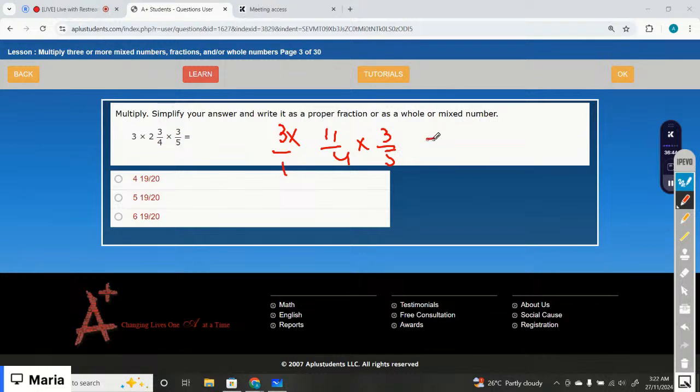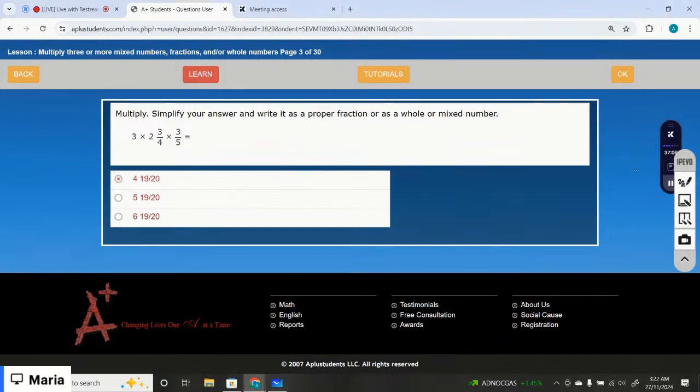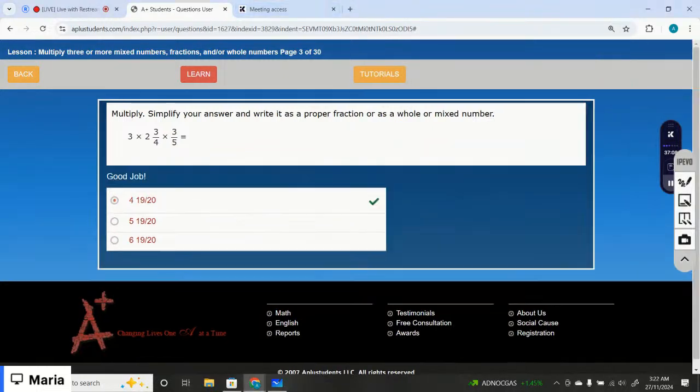And 99 over 20, right? Option number 1. Very good. That is 20 times 4 is 80 and 4 whole 19 over 20. Very good. The correct option is option number 1. That is 4 whole 19 over 20.